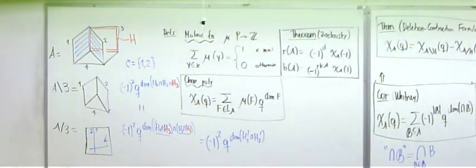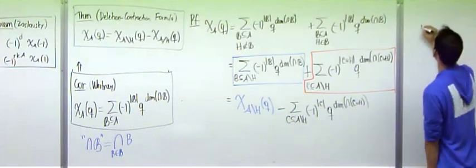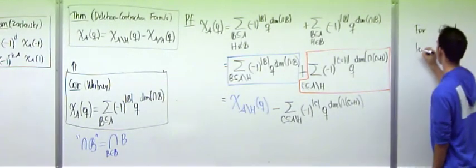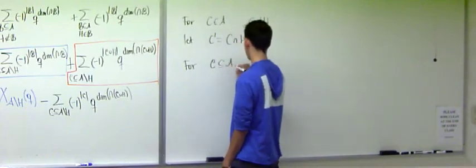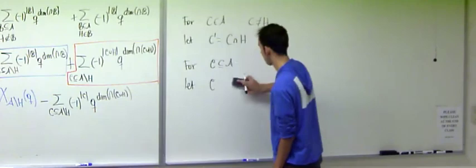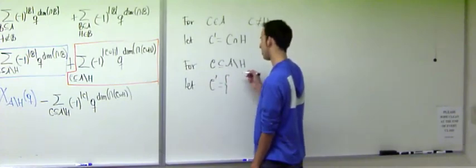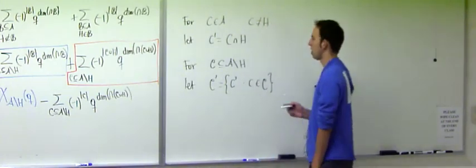And so basically I can do exactly the same thing in general by saying for each C in the arrangement, which is not the special hyperplane, let C prime be C intersect H. Okay, so just like I did over there. And if I have a subset of the arrangement, and that subset doesn't contain H, then let's define C prime to be what you obtain by priming everything, intersecting everything with H. Okay.